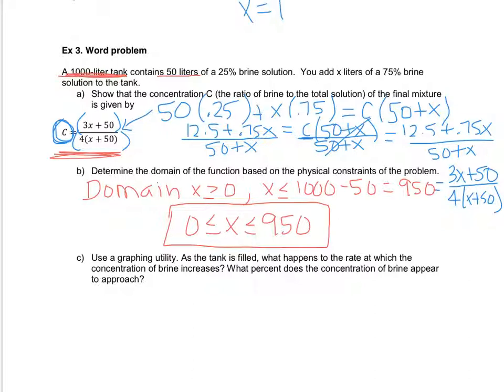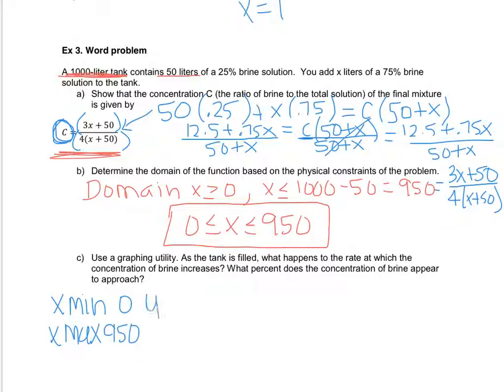Now you'll want to change your window probably to where your x min is 0, and your x max is going to be 1,000 or 950, either one.